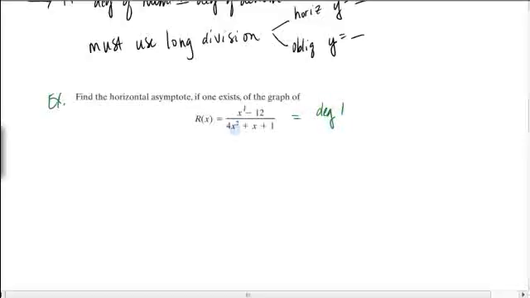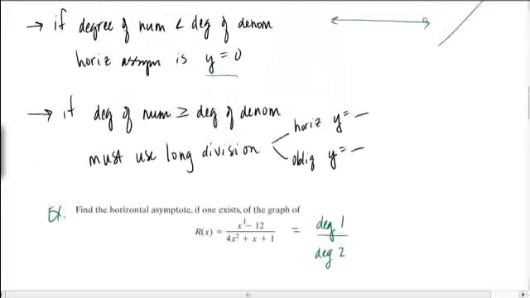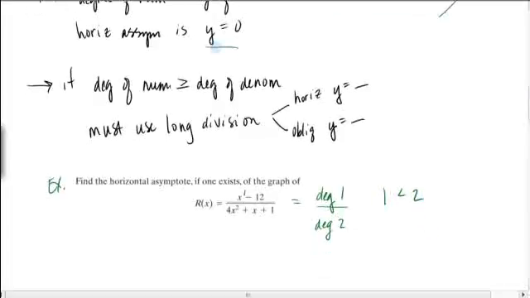In the denominator, the leading variable x squared is raised to the second power, so it is of degree 2. The degree of my numerator, 1, is less than the degree of my denominator, 2, and therefore this is pretty easy. The horizontal asymptote occurs at y equals 0.